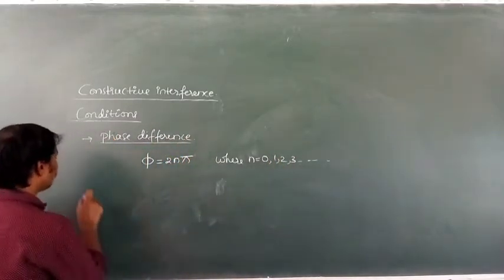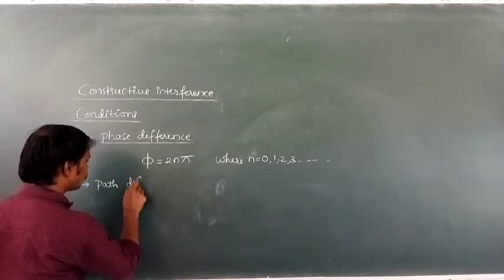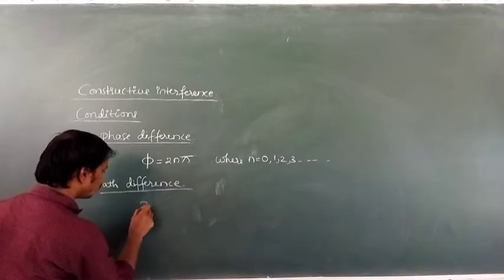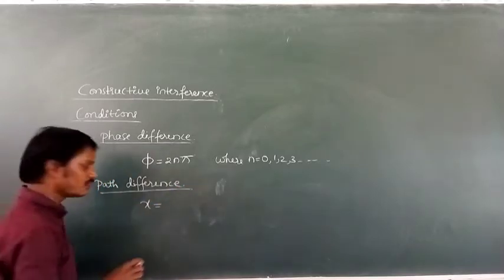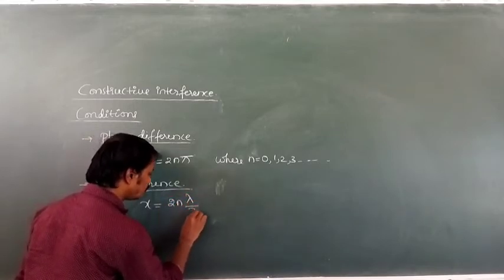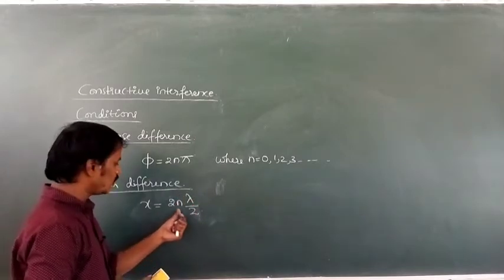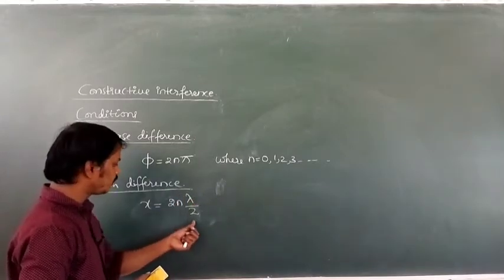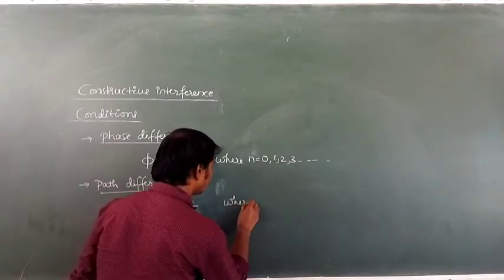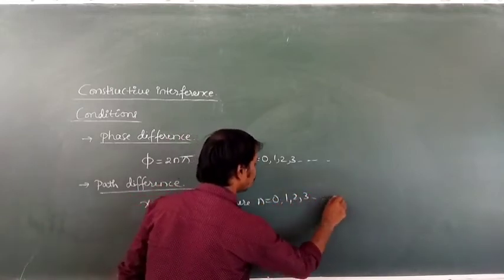Next, what about path difference? Path difference can be represented by x. Then path difference is equal to 2n lambda by 2, which means it is an even multiple of lambda by 2, otherwise it is n into lambda, where n takes the values 0, 1, 2, 3 and so on.